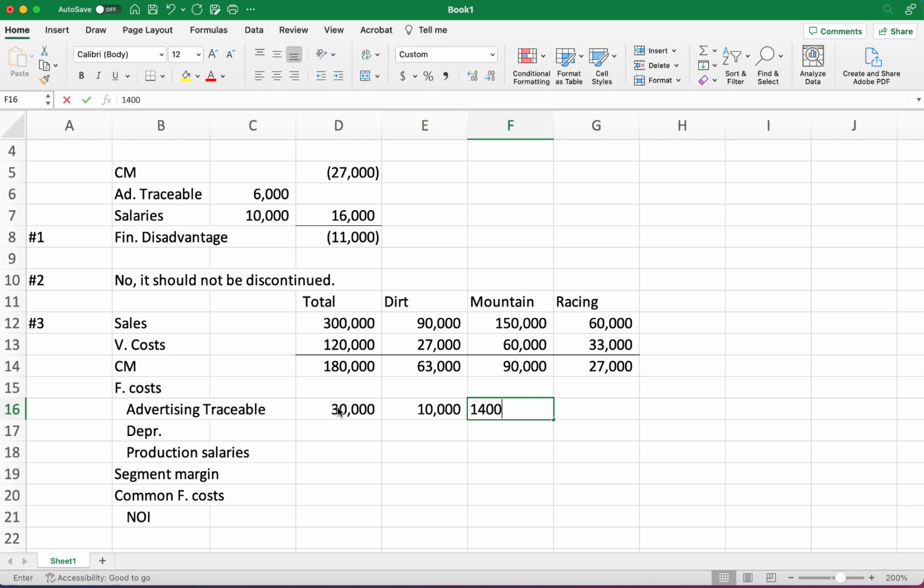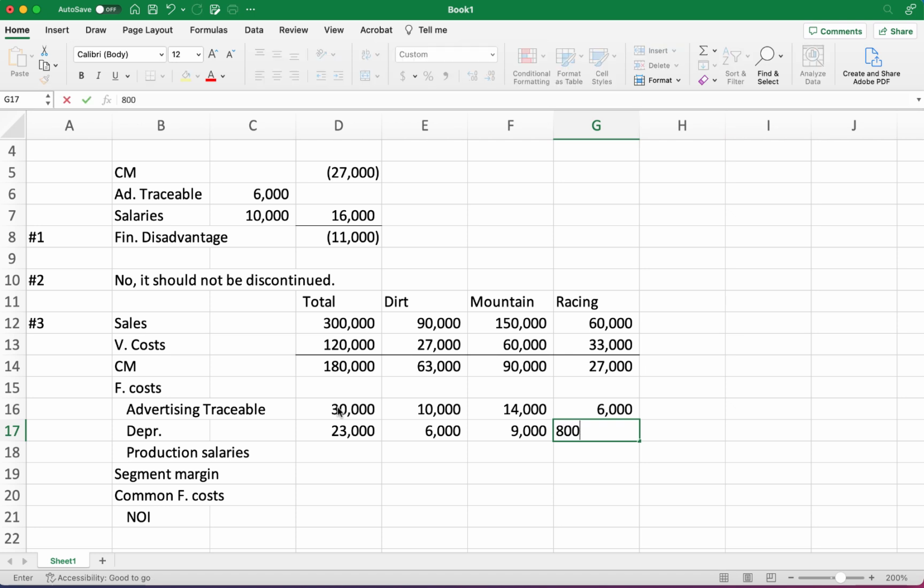They're 14,000 for the mountain bikes and 6,000 for the racing bikes. The depreciation on the equipment, in total, it's 23,000. However, the dirt bike division has depreciation of 6,000. Mountain bike division has depreciation of 9,000. And 8,000 is the depreciation from the racing division.